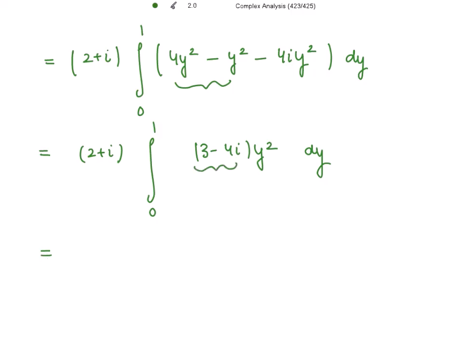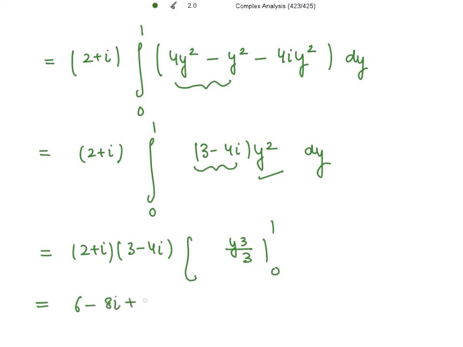Taking this outside of this integral, we will multiply this later on. Integrating y square, we get y cube divided by 3 with limits from 0 to 1. Let me multiply these two brackets. This is 6 minus 8 iota plus 3 iota plus 4, right?